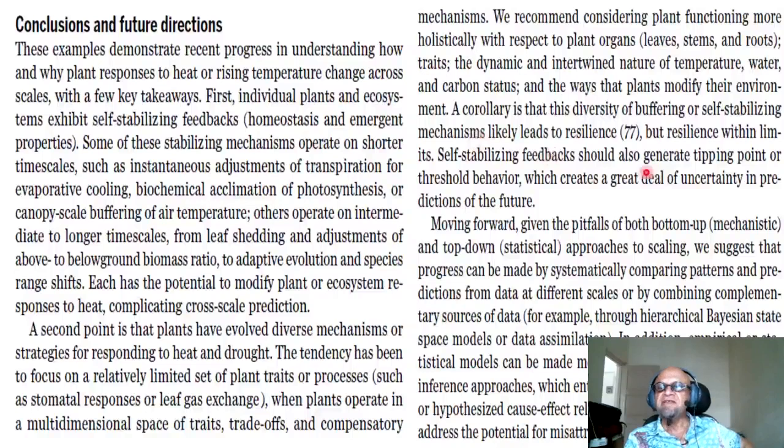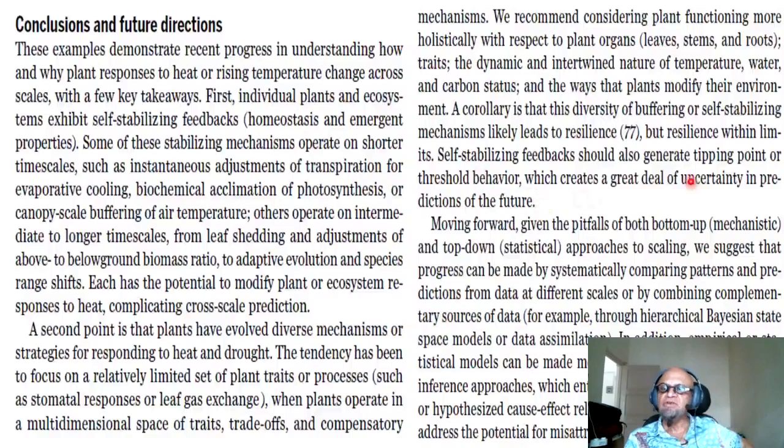A corollary is that this diversity of buffering or self-stabilizing mechanisms likely leads to resilience, but resilience within limits. You can't push the system with random scales of perturbations and expect the ecosystem or species to remain resilient.